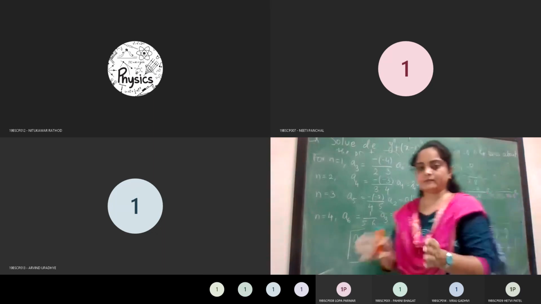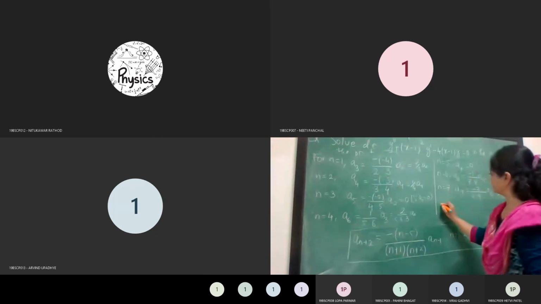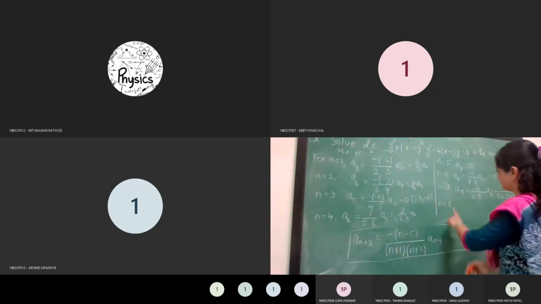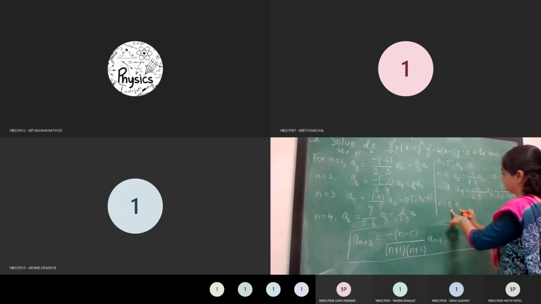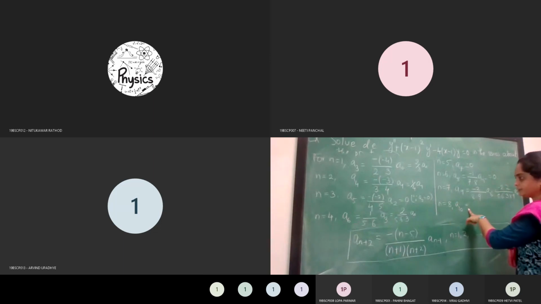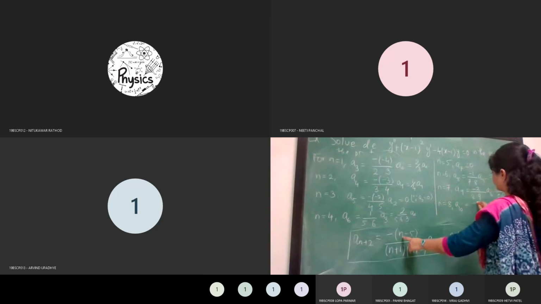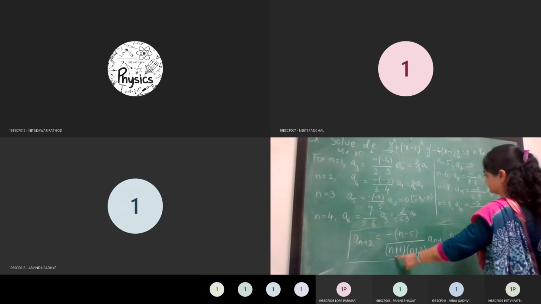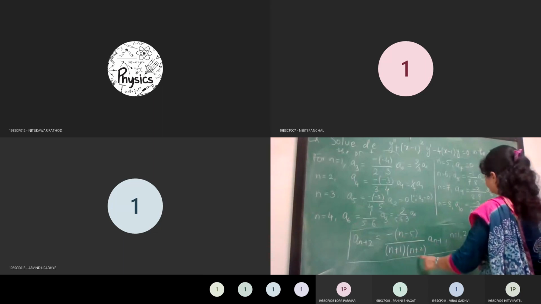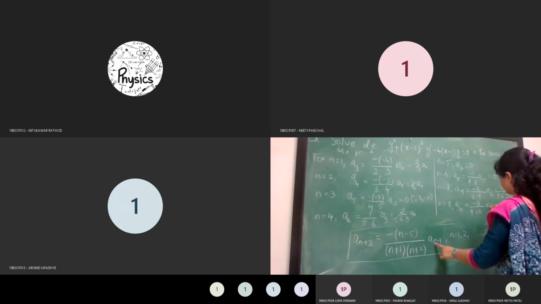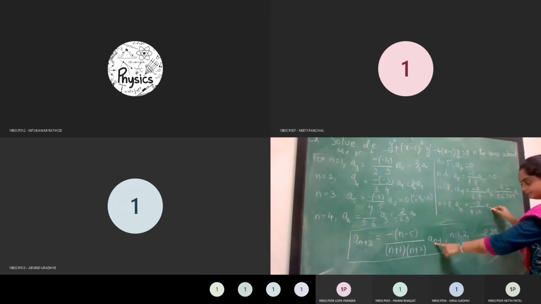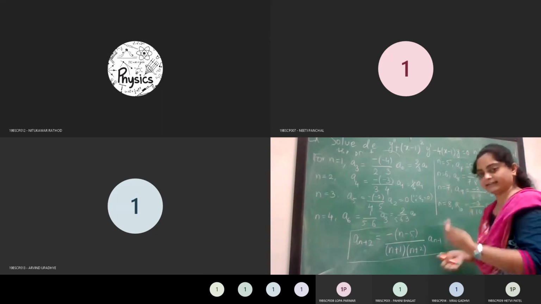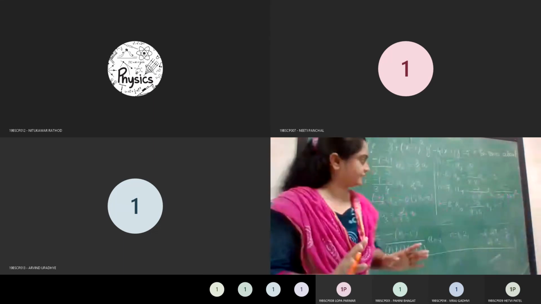Either of them will be, let me compute for another term. So what will happen? It will be A10. A10 will be what? It is minus 3 upon 9 into 10 into A7, and A7 is 0. That means when we compute A12, it will be in terms of A0.